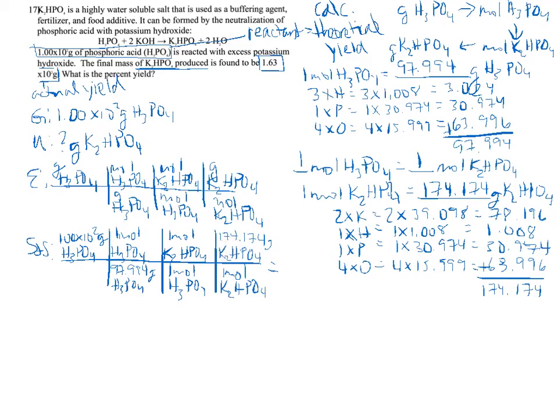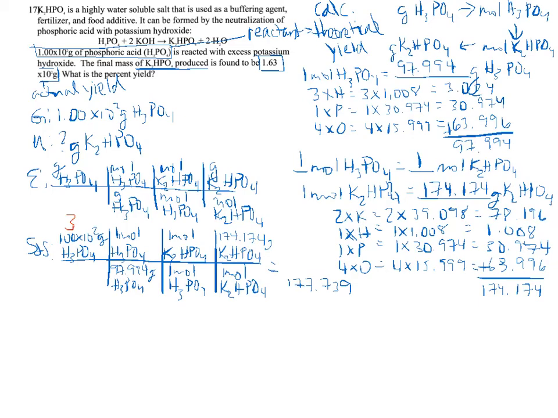Remember, when you put this number in the calculator, you need to put it in parentheses so that you don't make a mistake. And you get 177.739. Significant digits: you have 3.